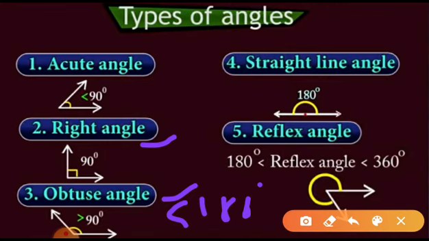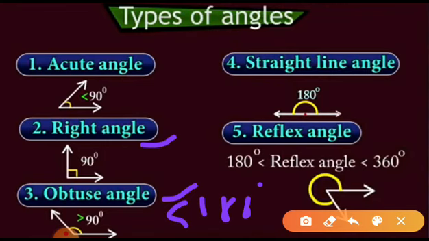If I say 120 degrees, yes, it is an obtuse angle. Clear? Then the straight line angle. It means I can form a straight line, and the angle will be 180 degrees. So the angle which measures 180 degrees is called a straight line angle.